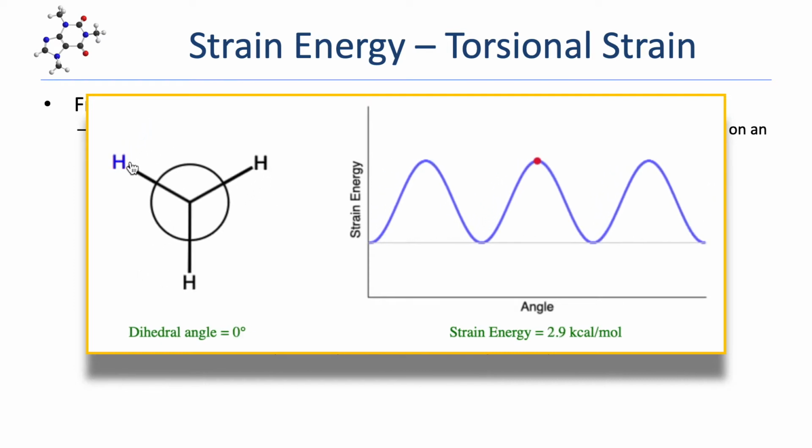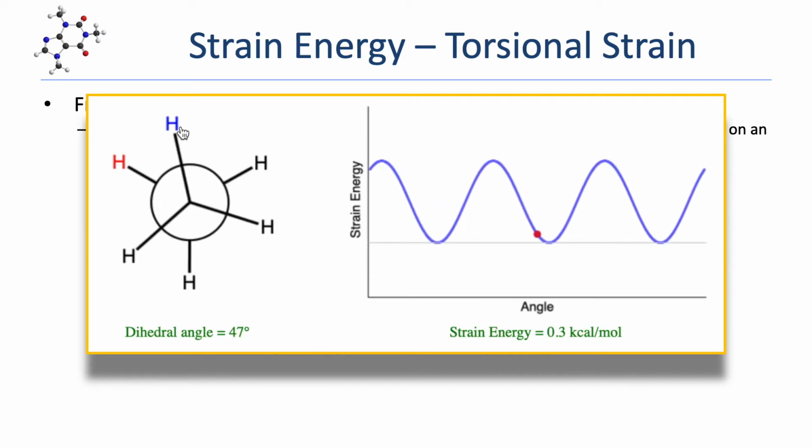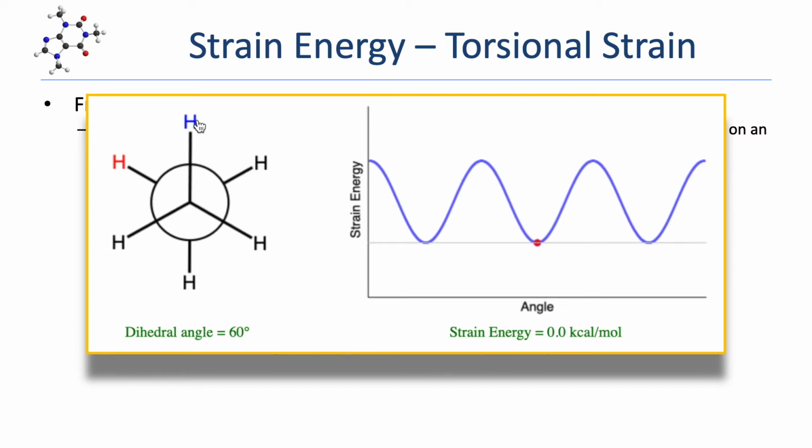Torsional strain will be maximized when those electron pairs are as close together as they can be. In other words, when the dihedral angles are 0 degrees, and that means in the eclipsed conformation. The eclipsed conformation is the least stable conformation with respect to torsional strain. And that means that the staggered conformation is going to be the most stable because that's where we have the maximum dihedral angles when you compare any two nearby atoms.